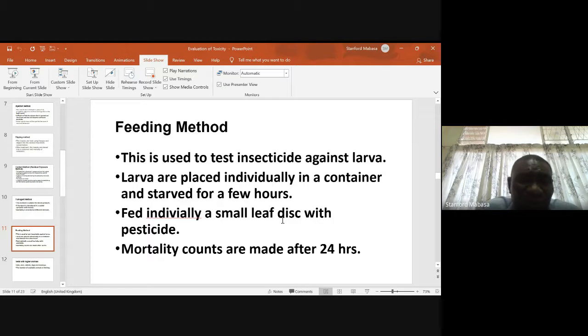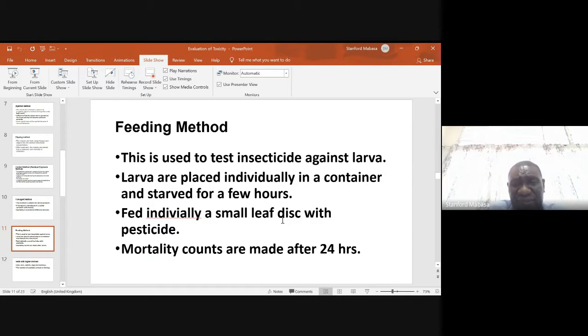Now, there is also what is called the feeding method. Now, this is used to test insecticide against things like larvae. The larvae are placed individually in a container and starved for a few hours.